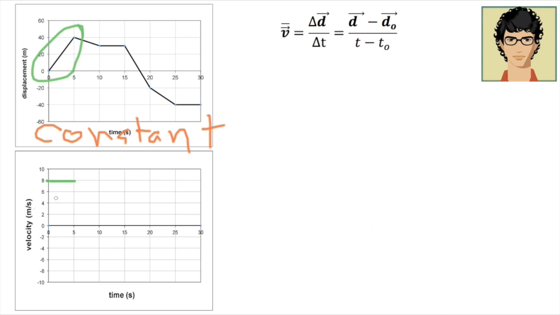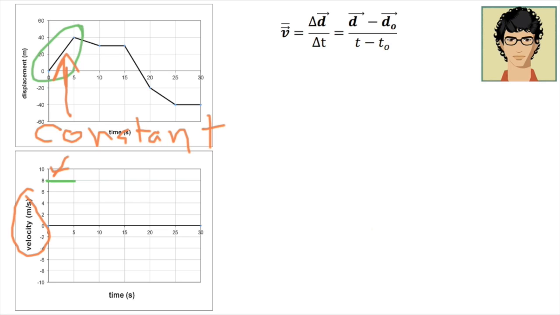The velocity in the velocity versus time graph has to be constant. So we have a constant slope, therefore we have a constant velocity. And so this is a straight bar going across, whose value is 8 for the entire interval.